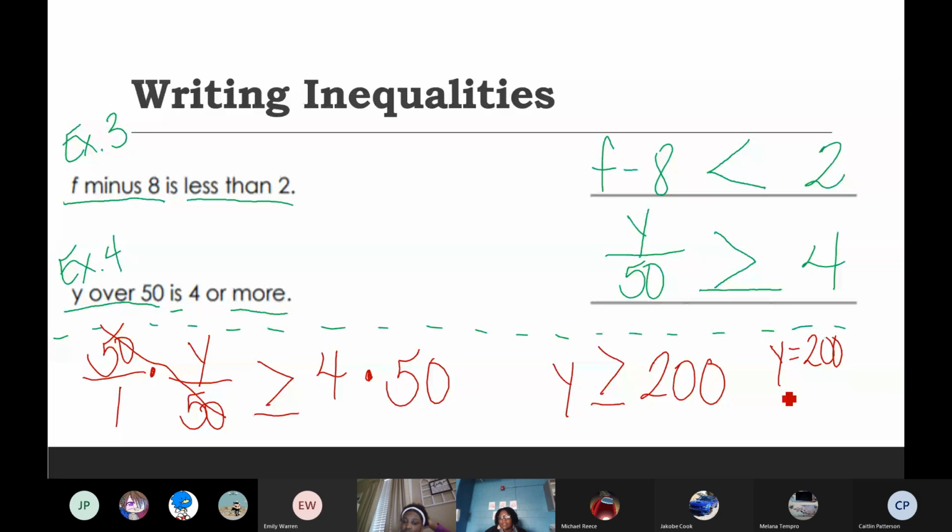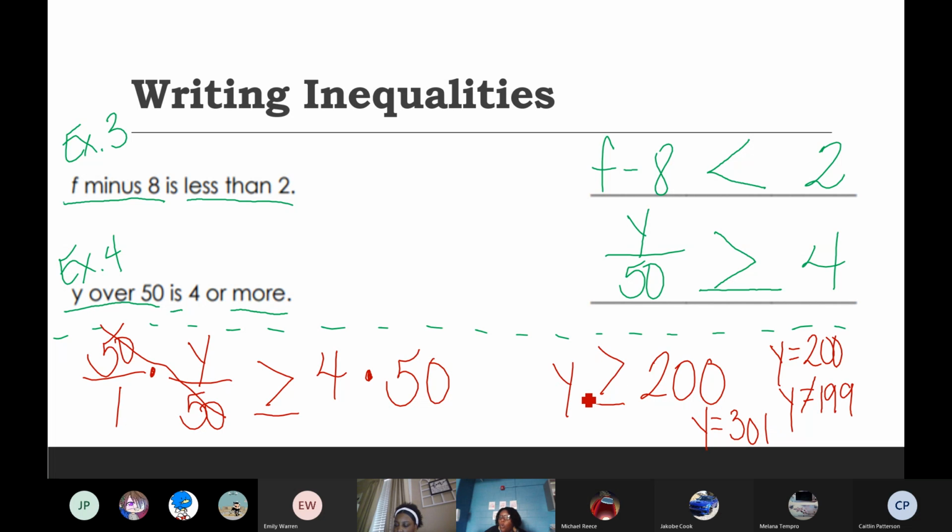Yes. Could y be 199? No. Y is any number that is greater than or equal to 200. So could y be 301? Yes.